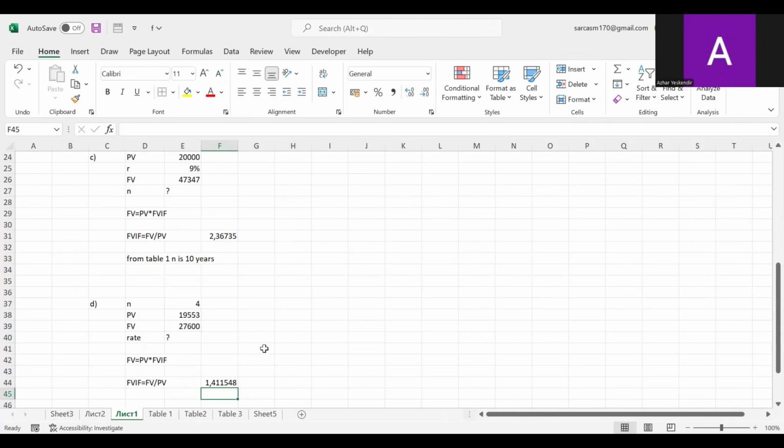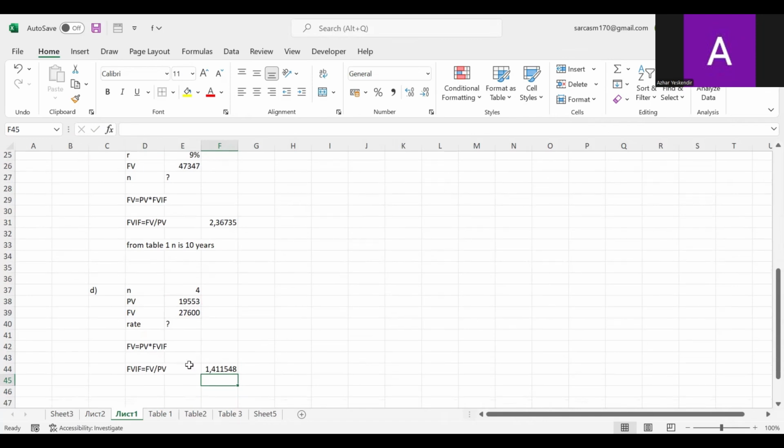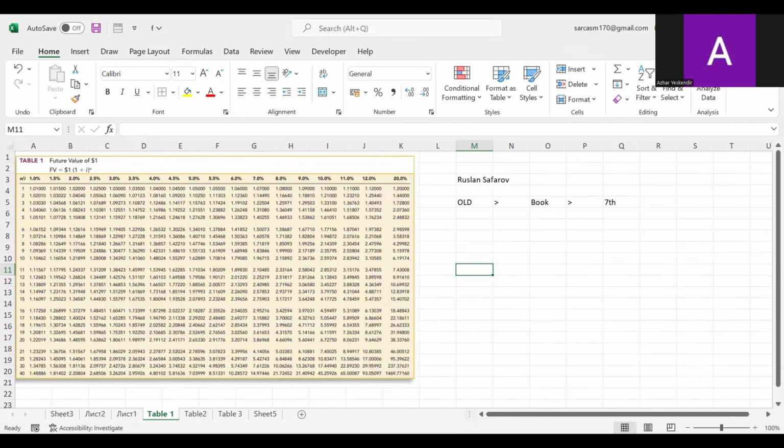Again, I'm going to use table 1. We've got the number of years, and all we have to find is the rate. Let's open table number 1. Our answer is somewhere here, and our number of years is 4.